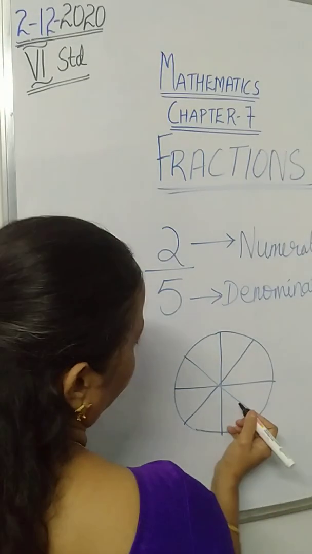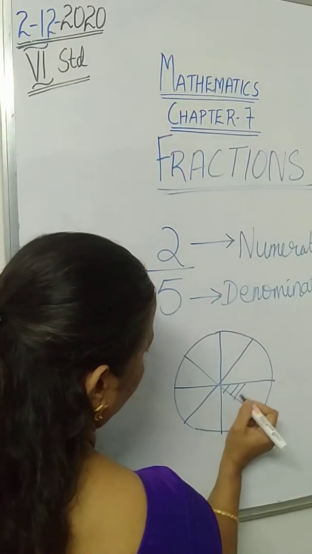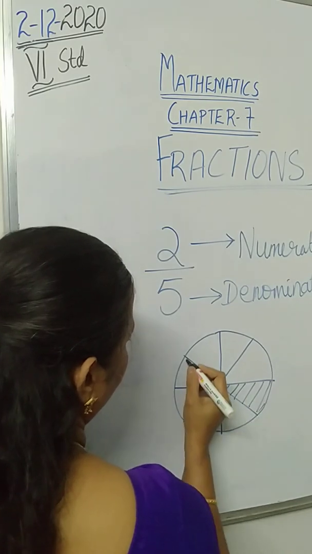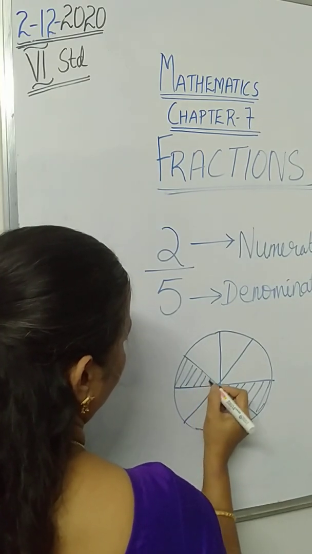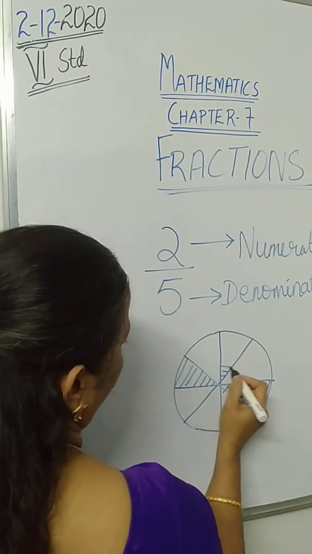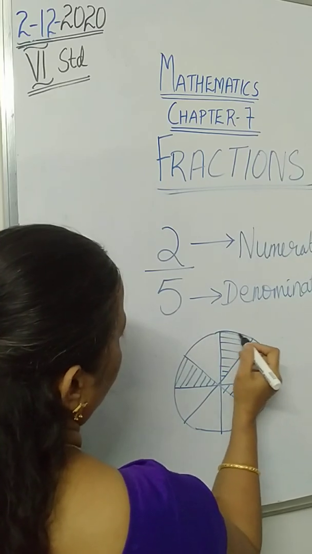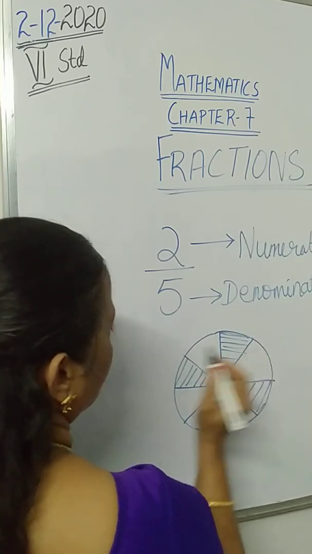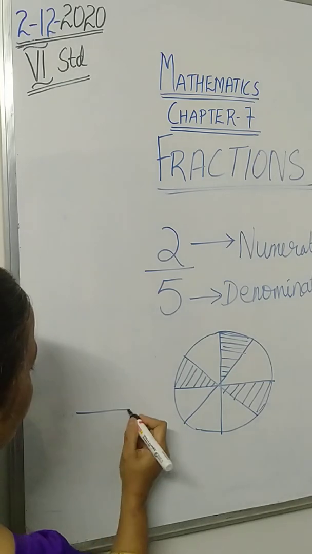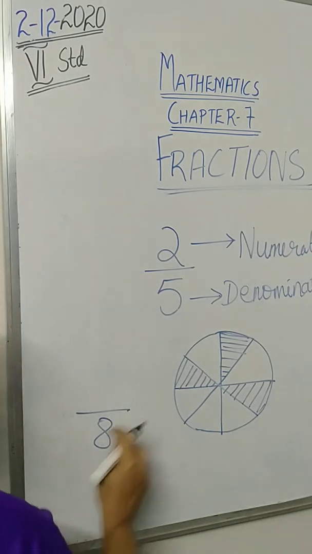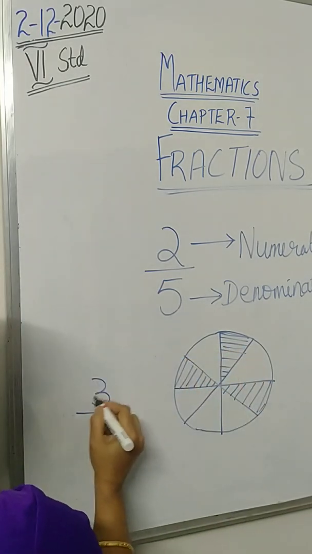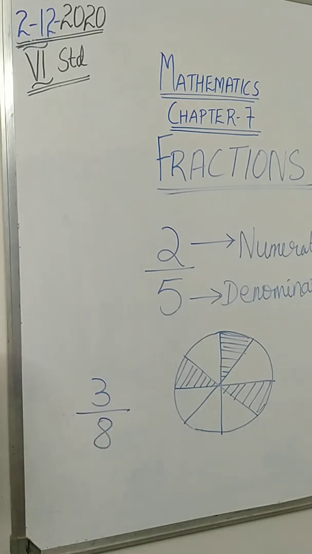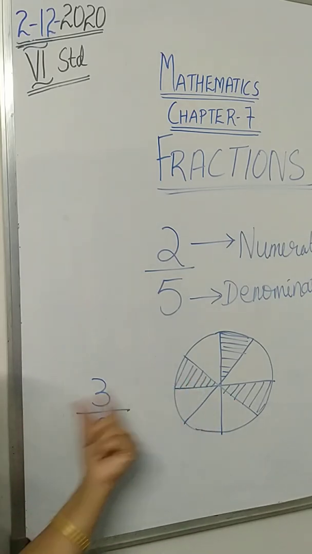In that, three parts are selected. So, how many parts does it have totally? It has 8 parts. Out of that, we have selected 3. So, it is 3 by 8.